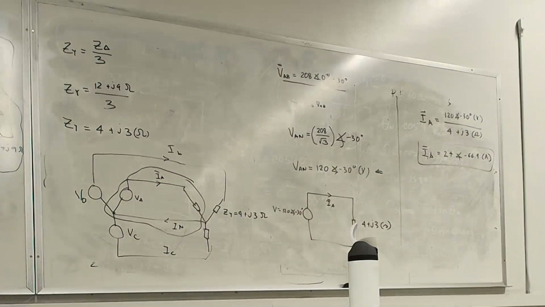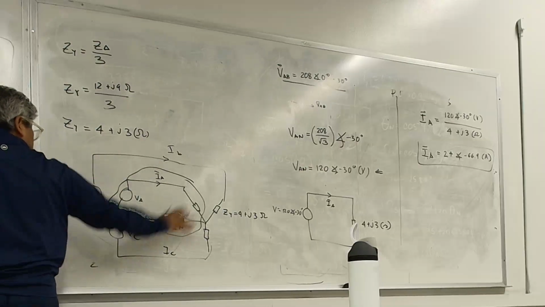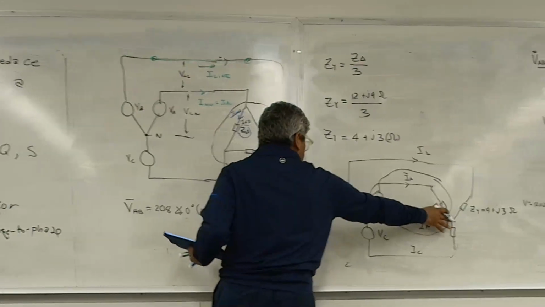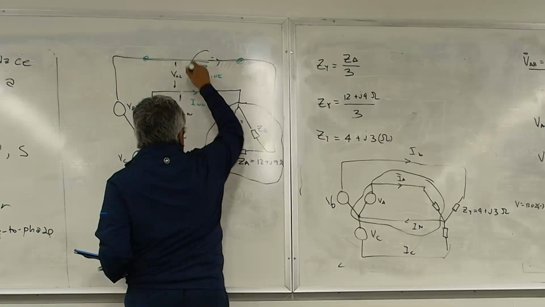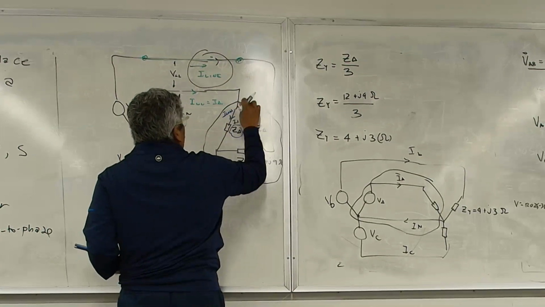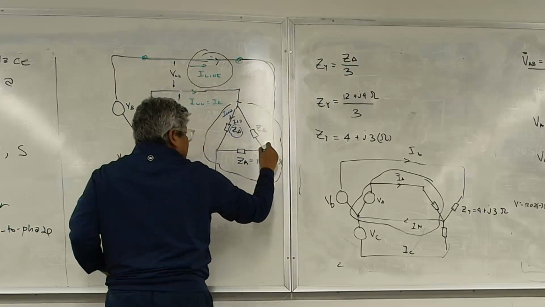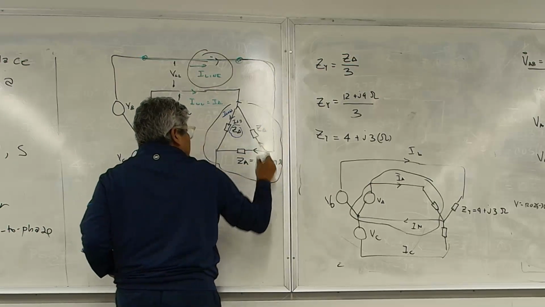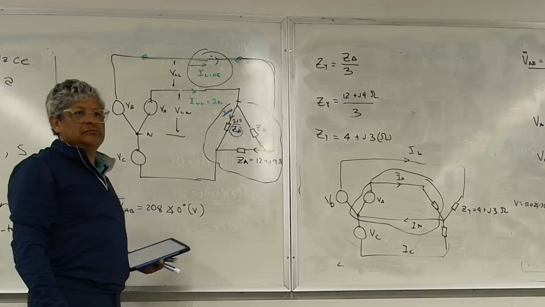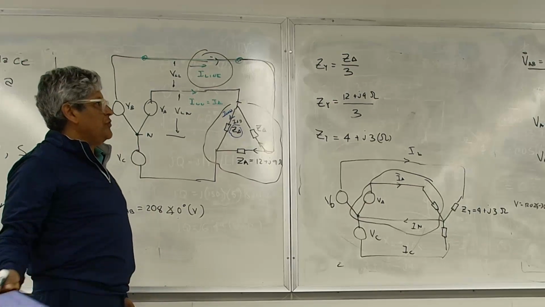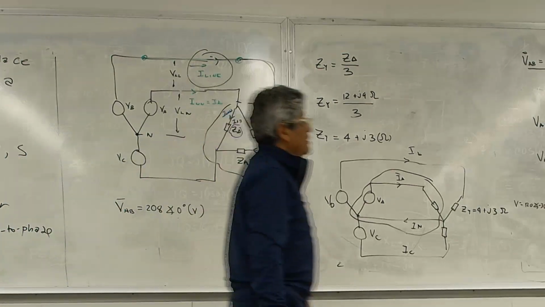You said, I know this current. I used this method: I converted the delta to a Y to find an easy way to get this current. When this current gets to this point, it's going to split.